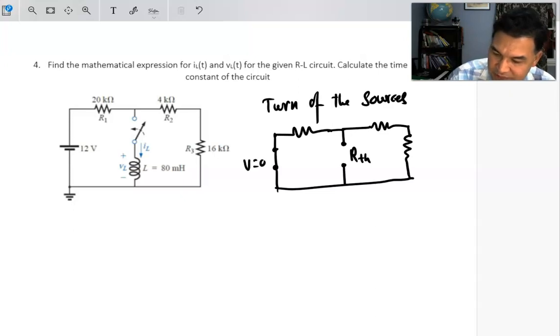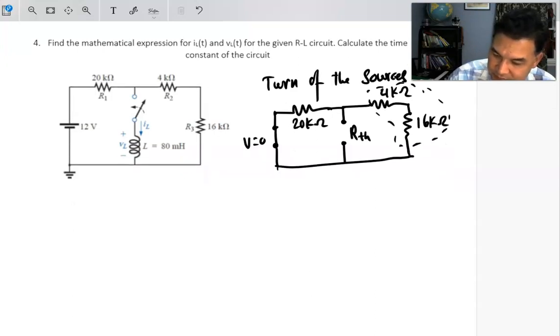So you just turn off the voltage. This is your 20 kilo ohm, this is your 4 kilo ohm, and this is your 16 kilo ohm. On this branch, these are in series, so basically now you have 20 kilo ohm and 20 kilo ohm in parallel.